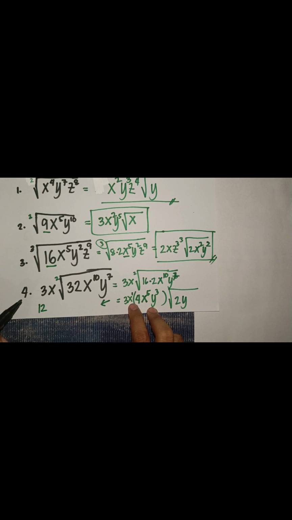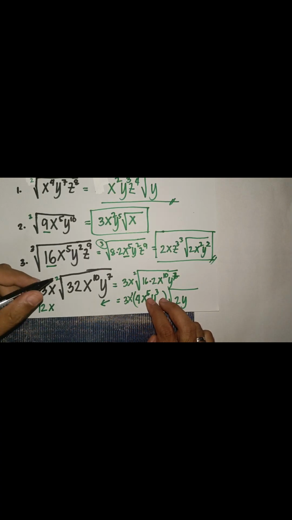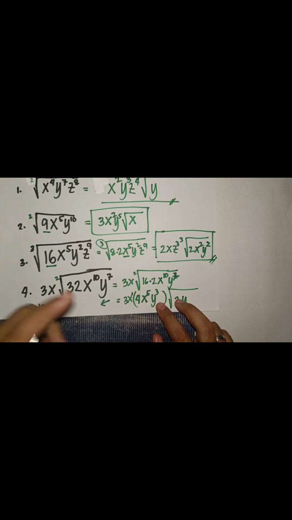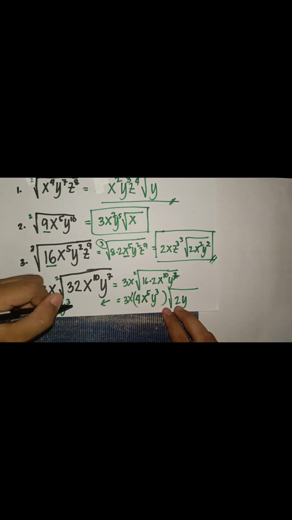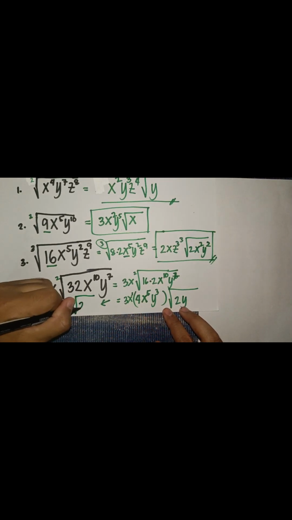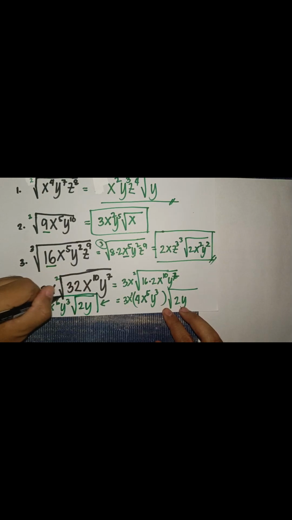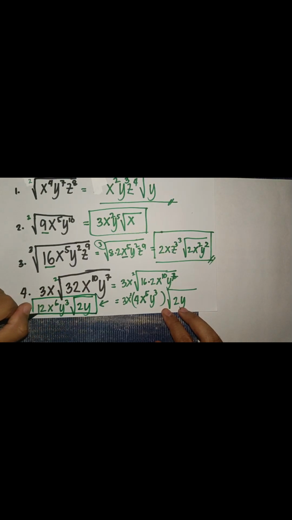Again, in multiplying variables, we just copy the variable x, then add the exponents. 1 plus 5 is 6. Then copy the variable y cubed, because there is no y outside the group. Then square root of 2y. So this is now the answer.